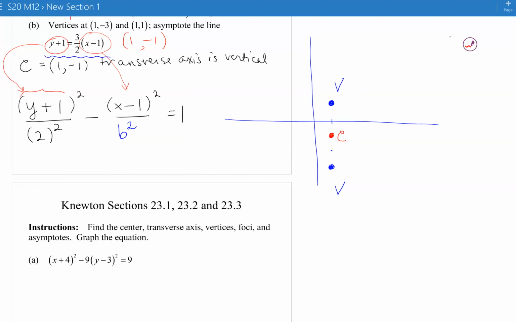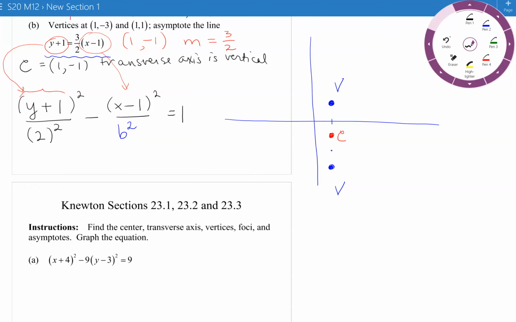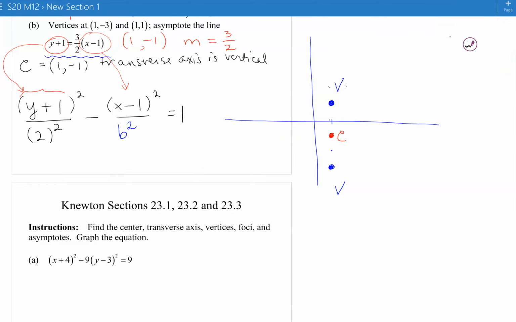I see that the point that's on the line is 1, -1, my center, and then my slope is 3/2. So to draw the line, I'm going to start at the center, go up 3 over 2, and draw a dot. And then we also know we have an asymptote of up 3 and backwards 2, and draw another dot.